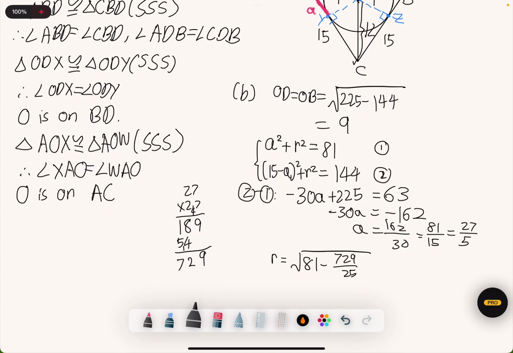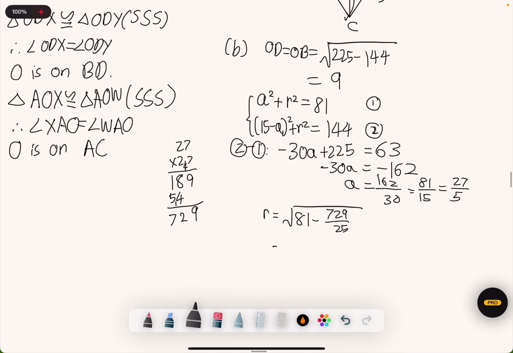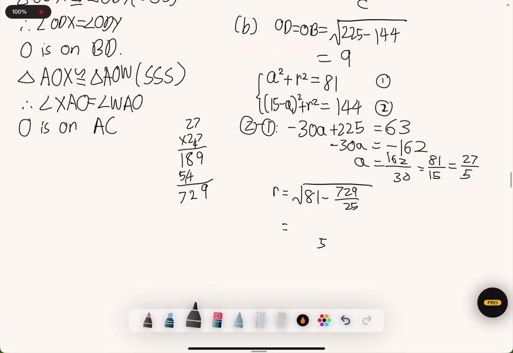So it's 729 over 25. So 81 times 25: 5 times 1 is 5, 5 times 8 is 40, and then 1 times 2 is 2, 2 times 8 is 16. So this is 2025.